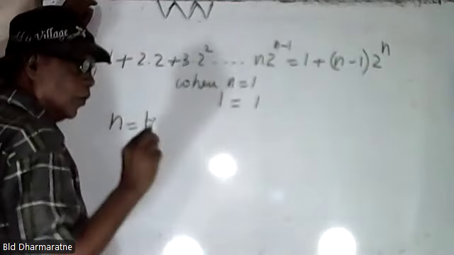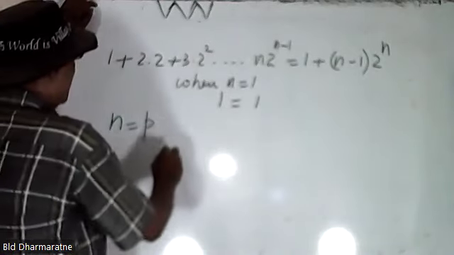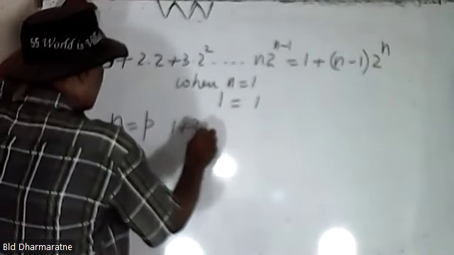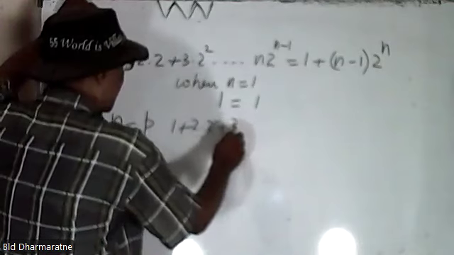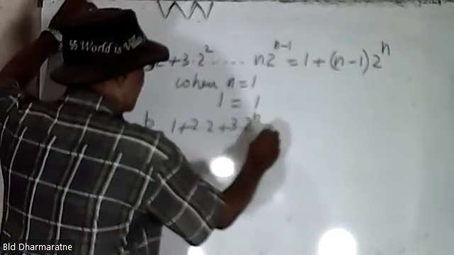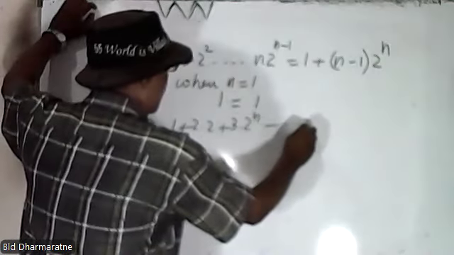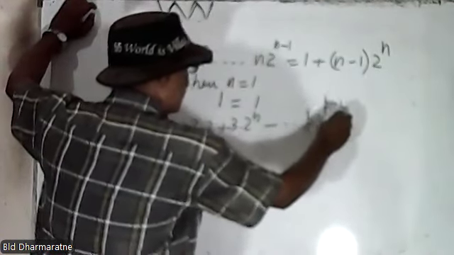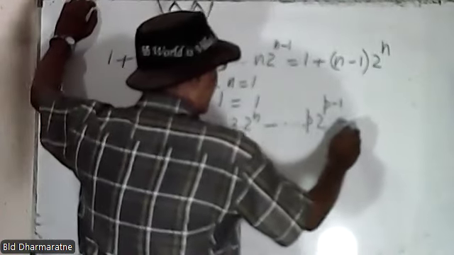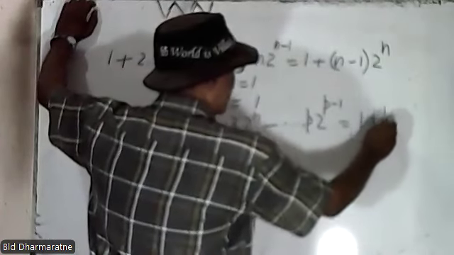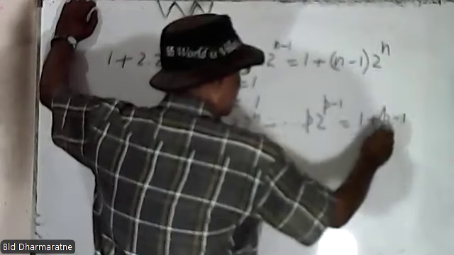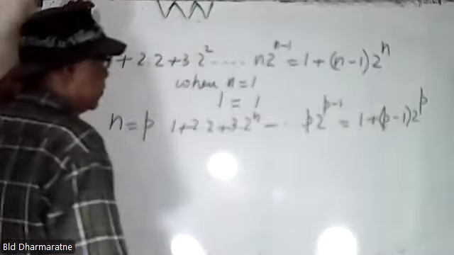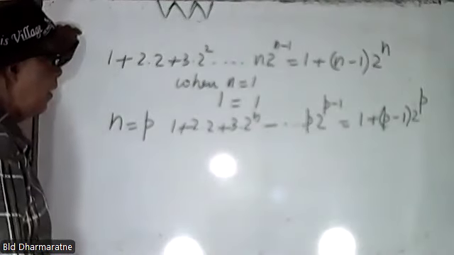We have already assumed that. Now we get the p terms: 1 plus 2 times 2 plus 3 times 2 squared plus up to p times 2 to the power p minus 1 equals 1 plus p minus 1 times 2 to the power p.